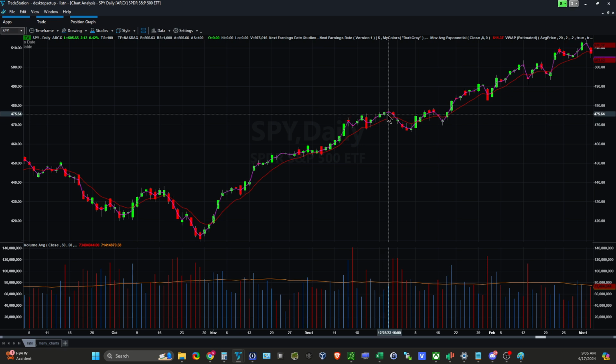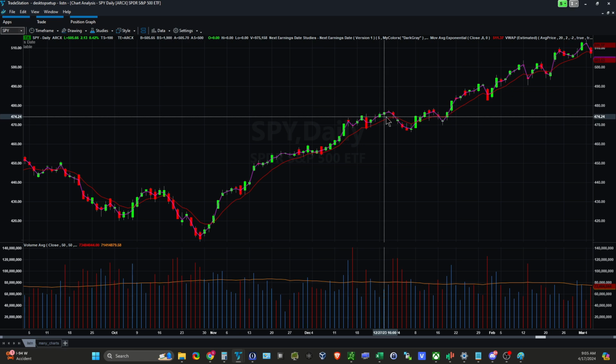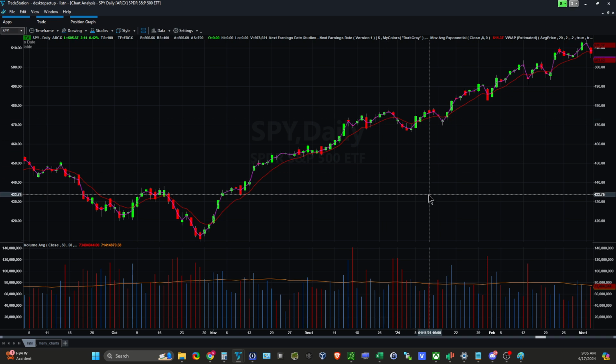We test that again, rejects it again, moves down, tests this candle, rejects that, moves up, closes about where it opened. This is a slightly bullish thing. That tells me, okay, the market's not ready to make a new high yet, but it's also not ready to sell off. That tells me, okay, my bullish positions are safe. I don't need to worry yet.